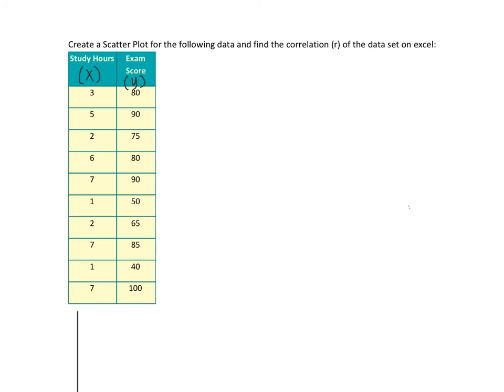So again, I'm going to go into Stat and Edit. I'm going to clear out my lists so I can calculate the correlation. I'm going to type in my study hours and my exam scores.